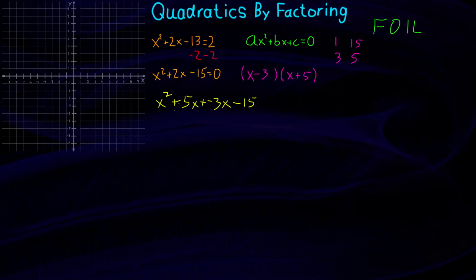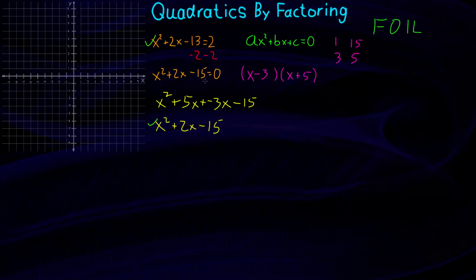Now we want to combine like terms. There's only one x squared, plus 5 minus 3, so that is 2x. And then that's our only constant, minus 15. So we just expanded it out, and this does work as a factor for that.